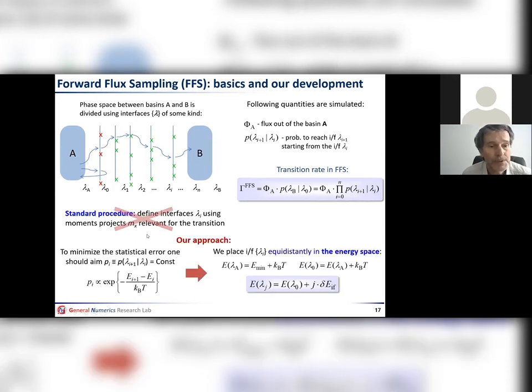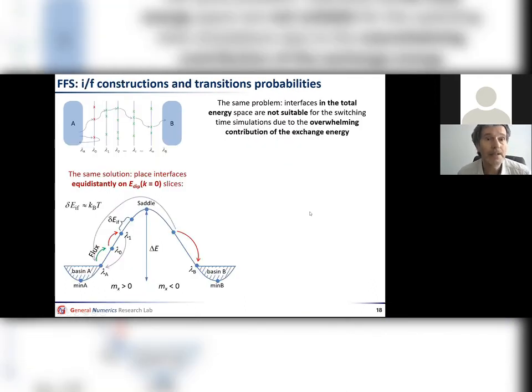We use in our version of the forward flux not the moment projections, but we use the energies again. And these are the energy interfaces placed in the energy space. For the same reason, interfaces in the total energy space are not suitable due to the overwhelming contribution of the exchange, and we have the same solution.